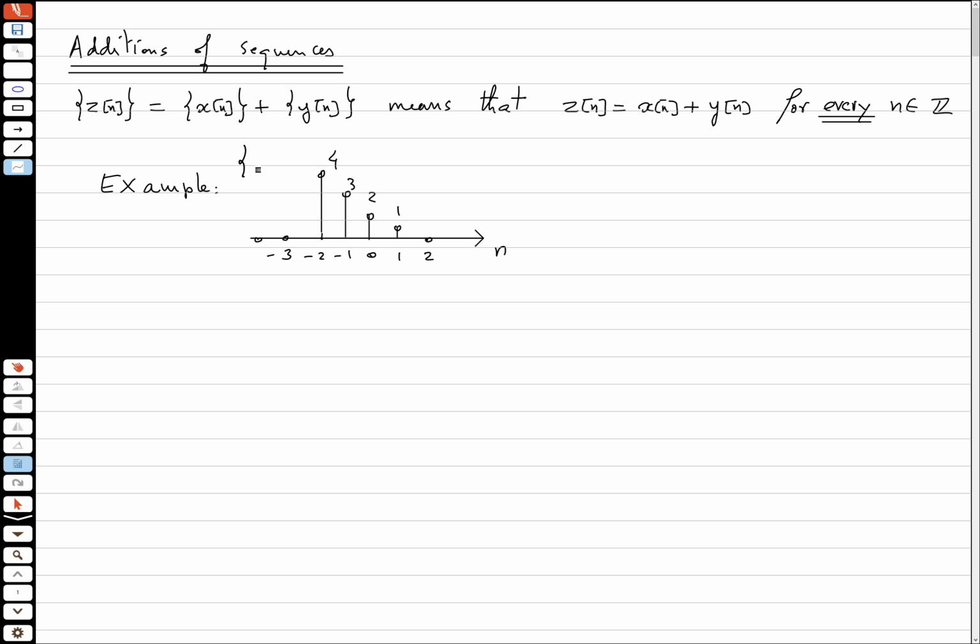So I call this x of n, and let's plot z of n equals x of n minus x of n minus 1.